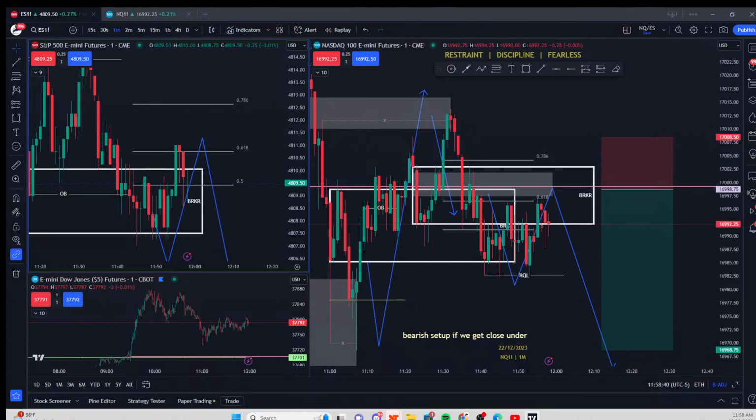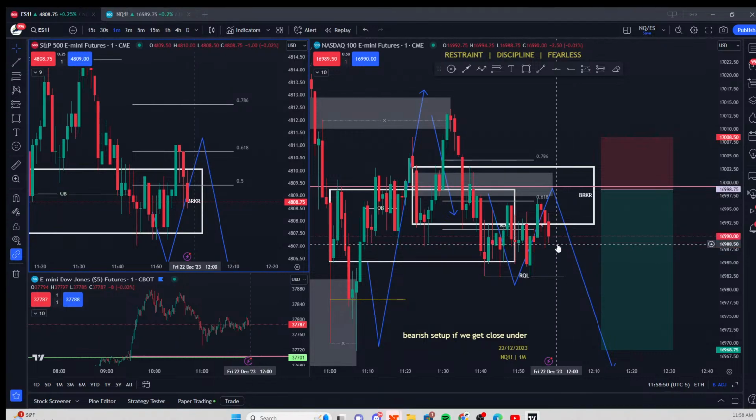We'll have 2 more candle closes before 12 o'clock too. Top of the hour, top of the lunch hour. Candle close under. 10 more seconds.